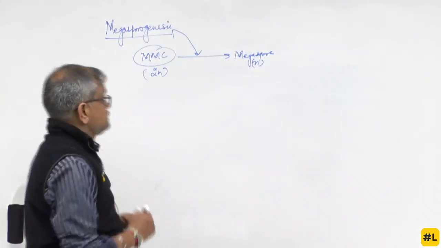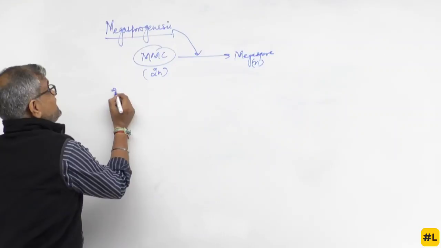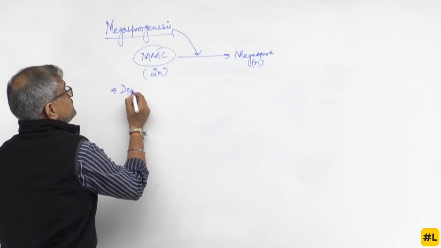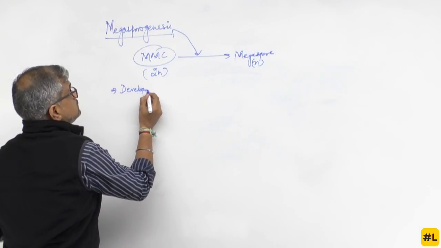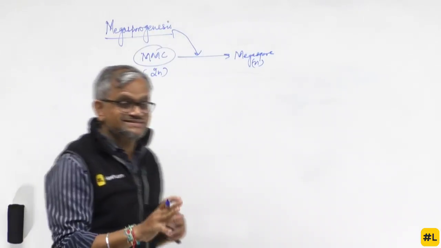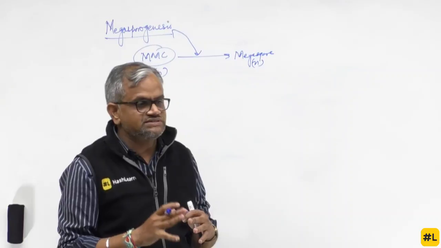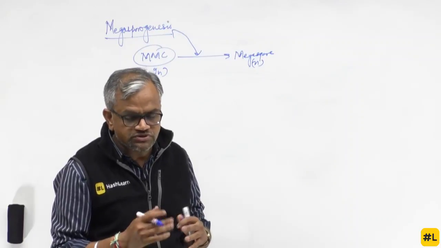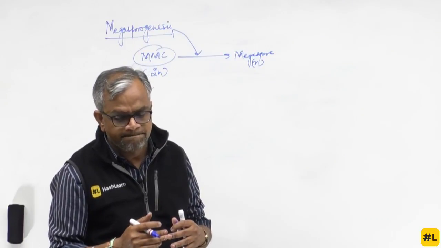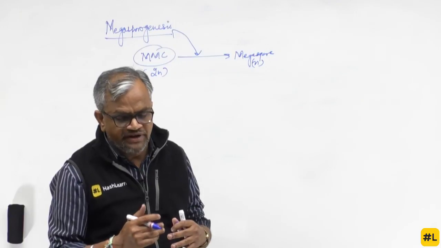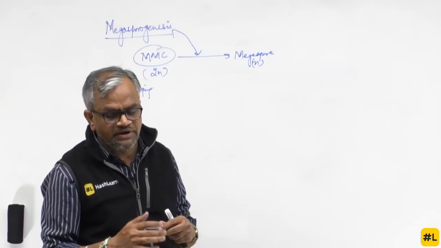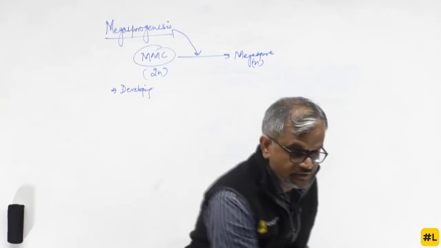Now, where does it start? It starts inside the developing ovule. This journey of the entire business starts, most importantly, try to understand, very early when the nucellus is not completely surrounded by the integument.